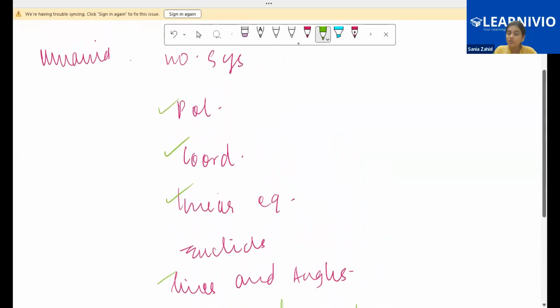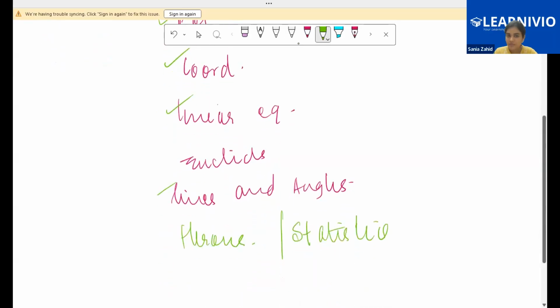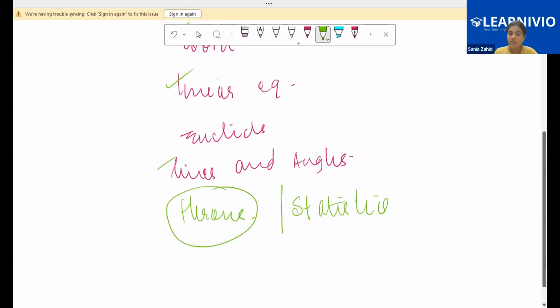Abdullah, I couldn't understand. Are you saying we've completed or we haven't completed? Please speak slowly, ma'am, and very loudly. We completed number systems, polynomials, coordinate geometry, linear equation in one variable. We are in Heron's formula. You are on Heron's formula. So Euclid and lines and angles has not been done for you.